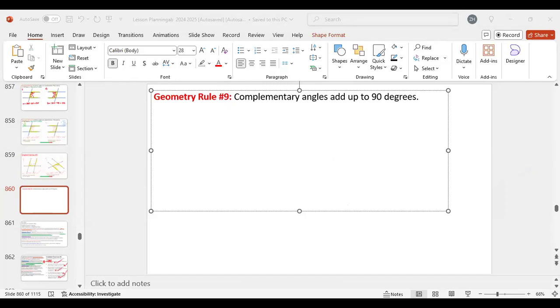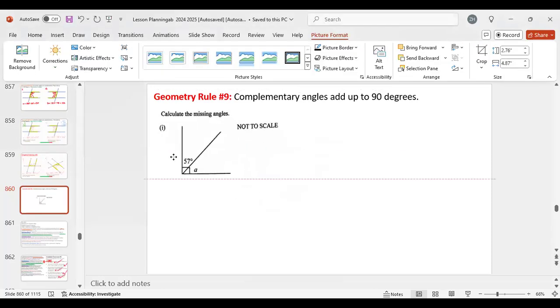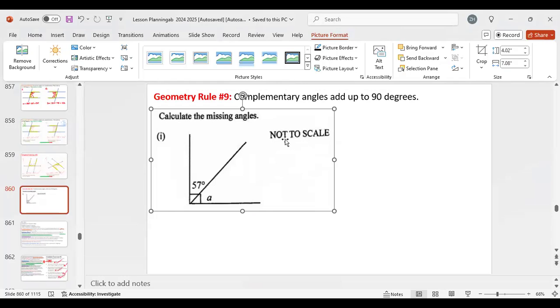Let's do an example on that, right? So let's say we have this one. By the way, this is an exact exam question. I just got it from one of your exams. And it says not to scale, right?